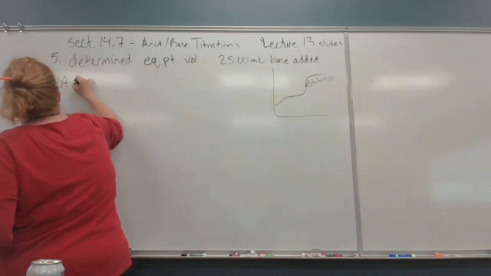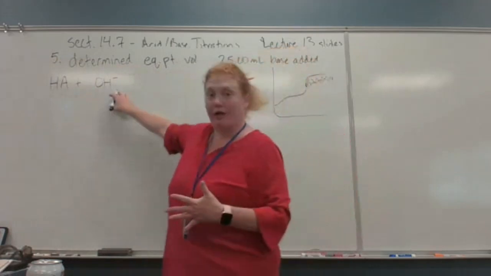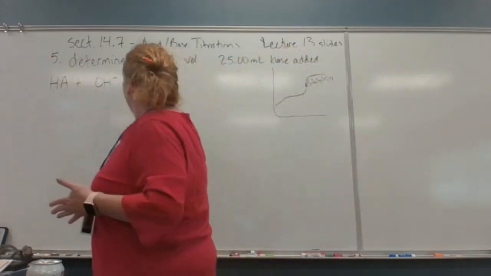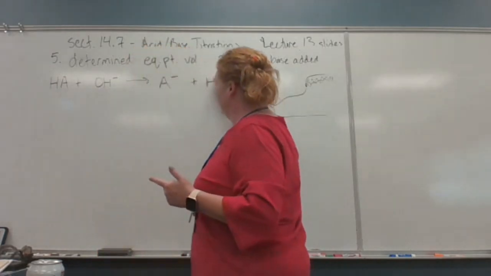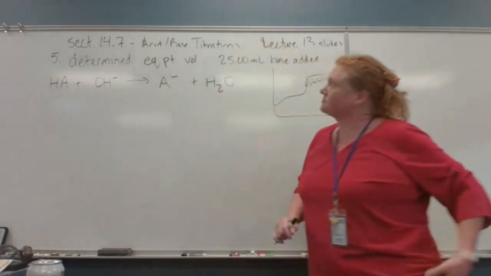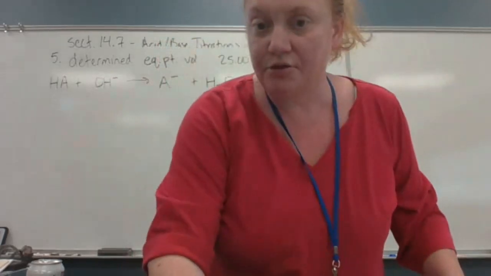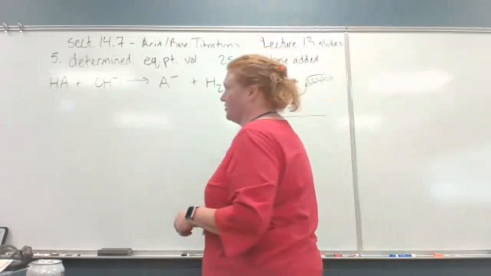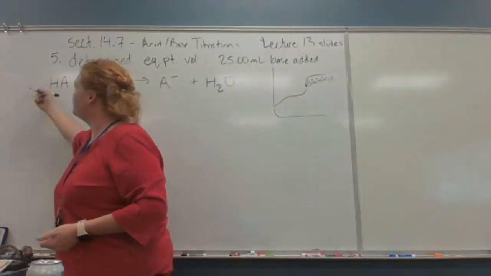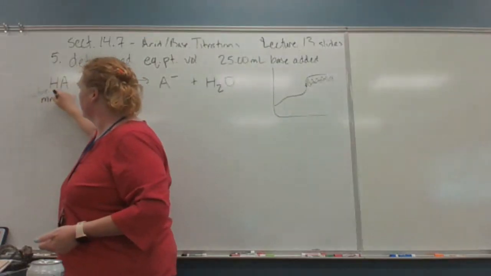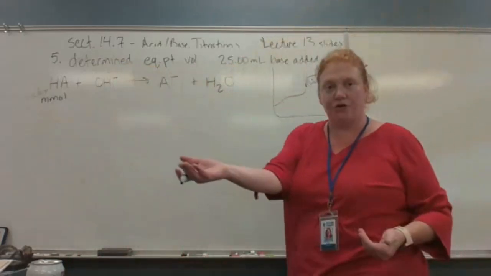In this acid-base reaction, remember, you can always just write the HA, that's our weak acid, and we're reacting it with strong base. And we make the conjugate base, and we make water. Post-equivalence point, you should start off with calculating how many millimoles or moles of weak acid you have to start.